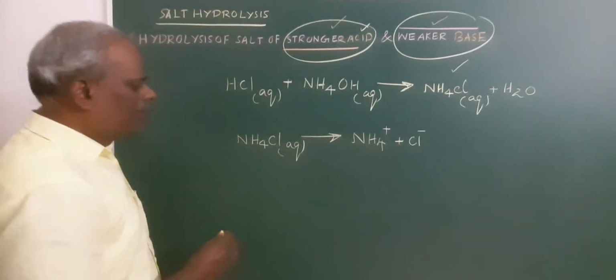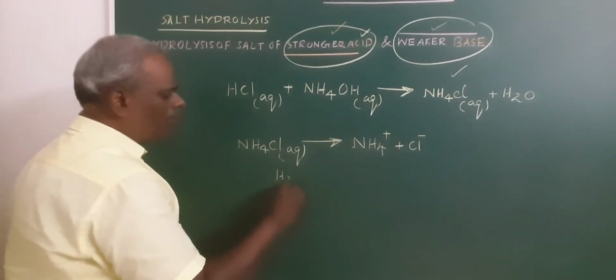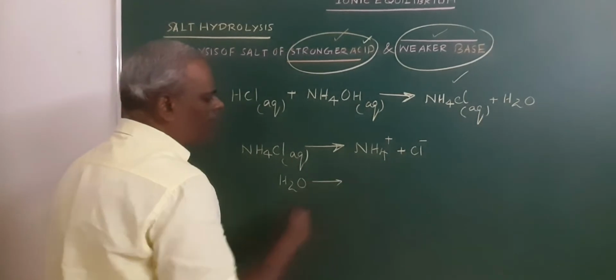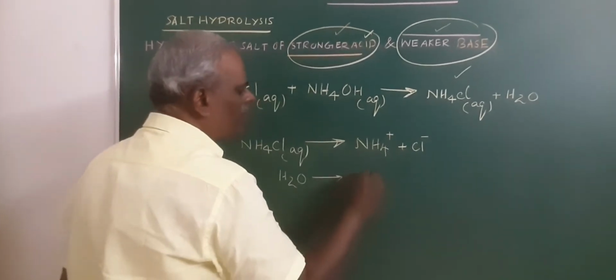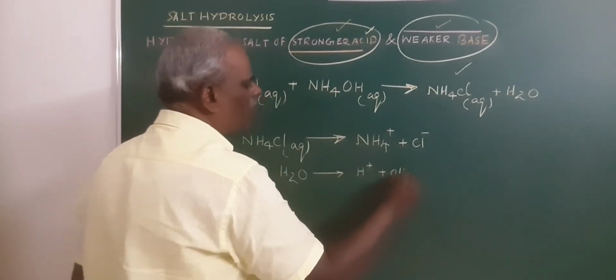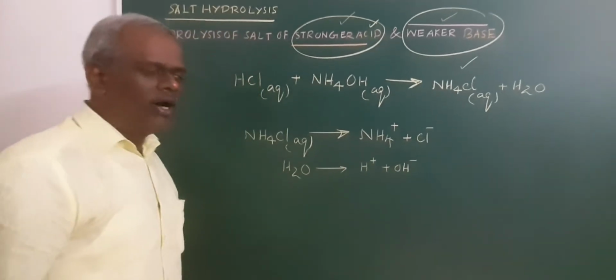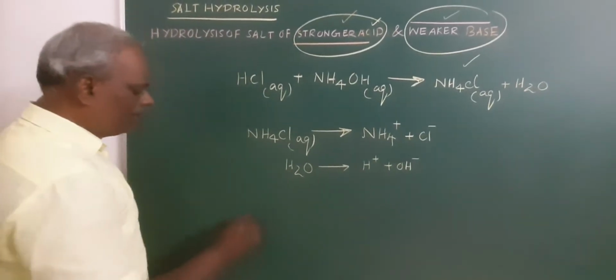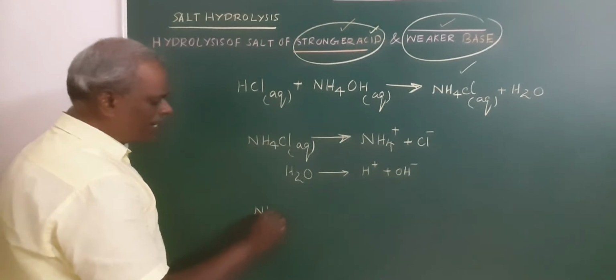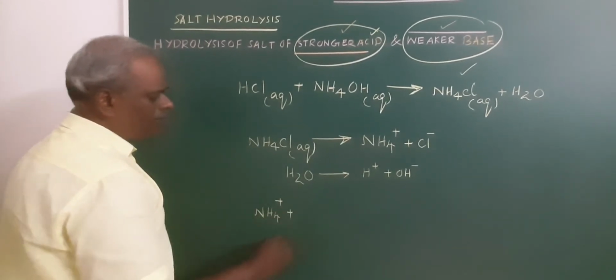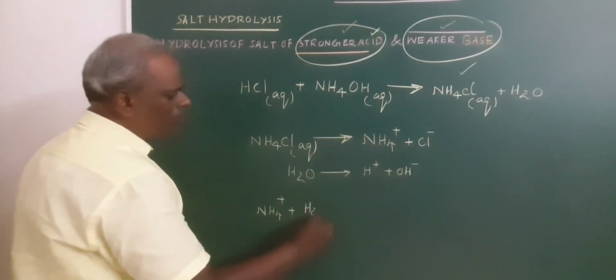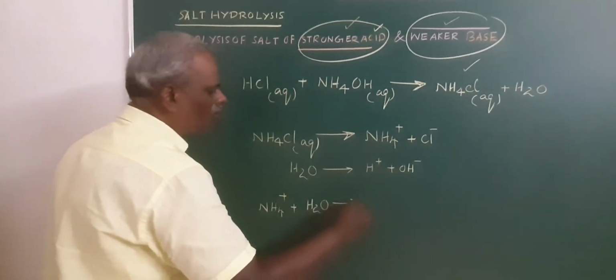We know that the solution contains water, so when the salt is getting hydrolyzed, we will be getting H plus and OH minus. So what is happening here? The NH4 plus obtained is reacting with the water H2O.